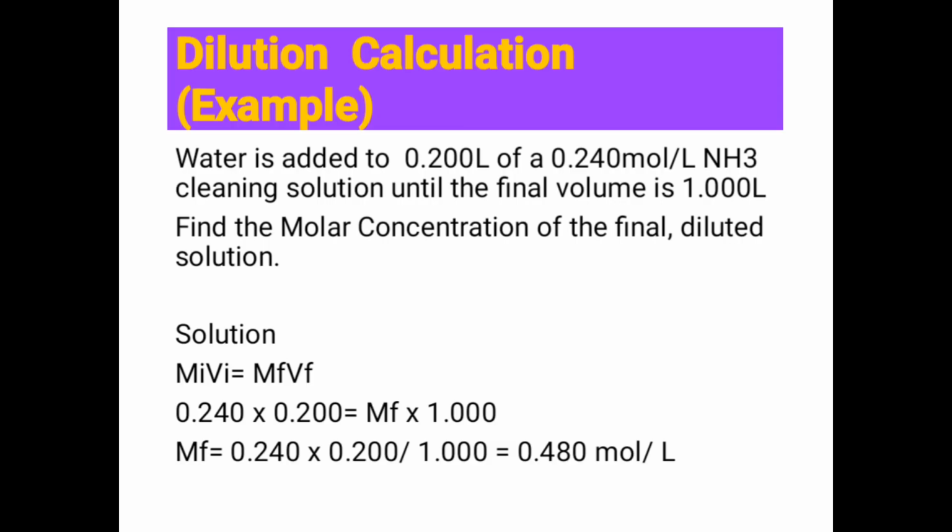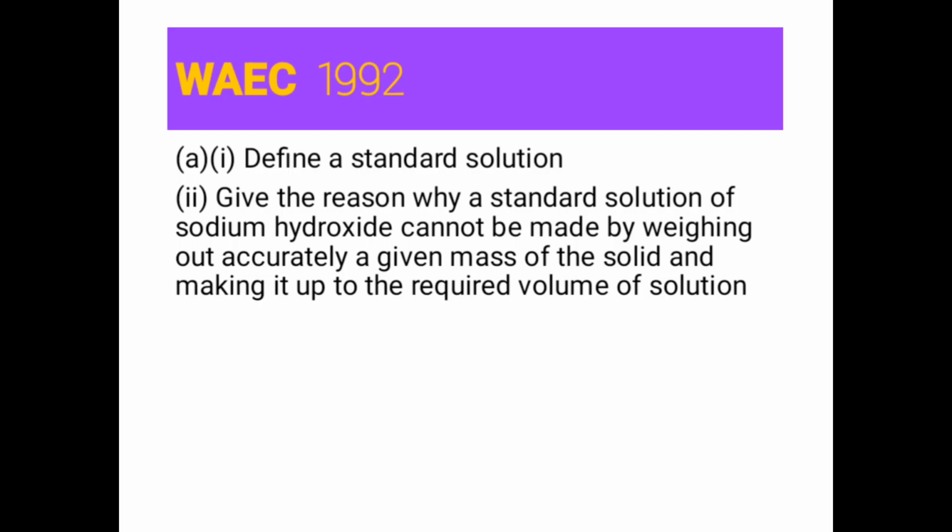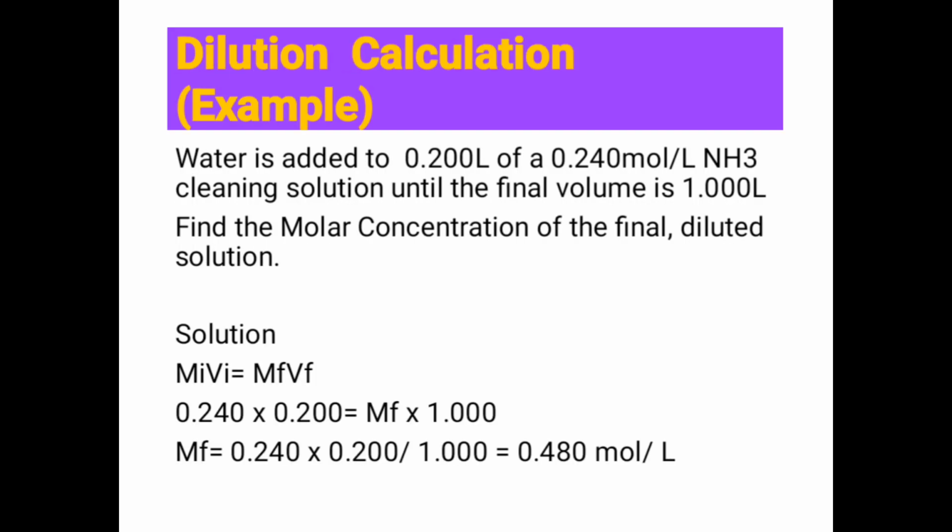So the final molar concentration, if you have done it this way, you are going to get 0.480 mole per liter. So generally, this is how we prepare standard solutions, and this is how we solve for dilution calculation.